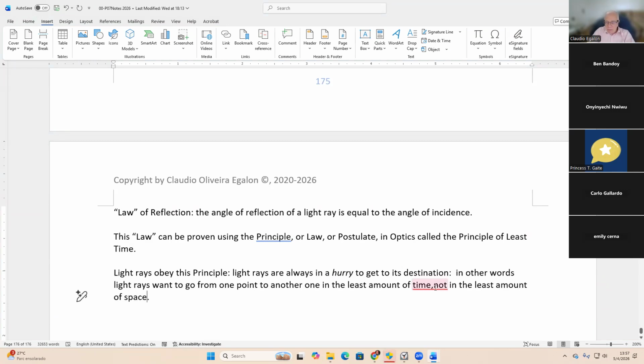Okay? That's why it's called the principle of least time. It's not the principle of least distance, or least space. See the difference? Light rays are always in a hurry to get to their destination. Remember that.